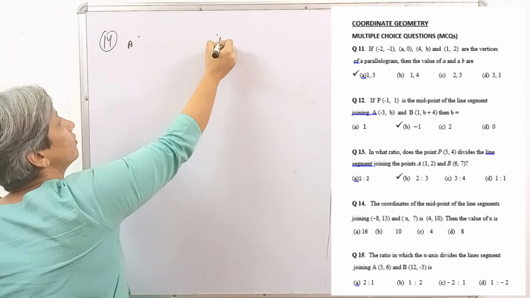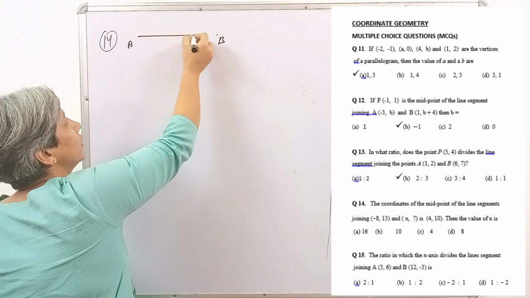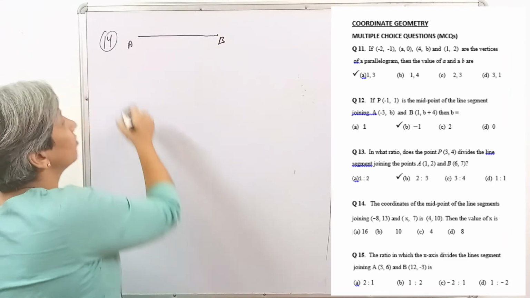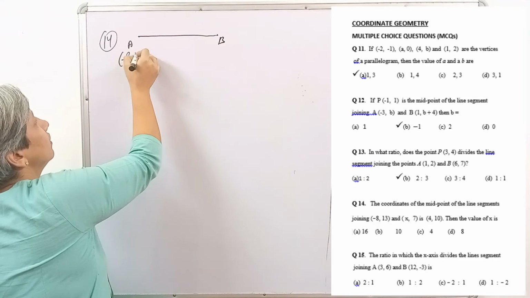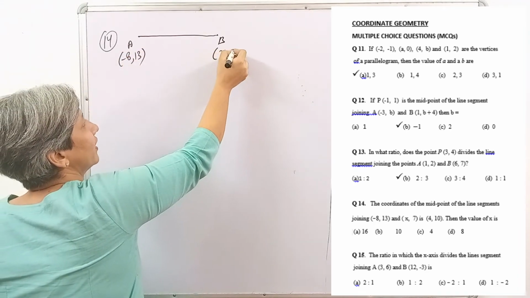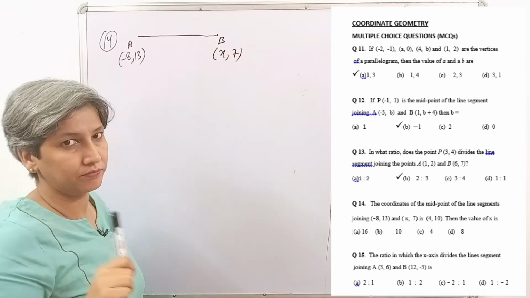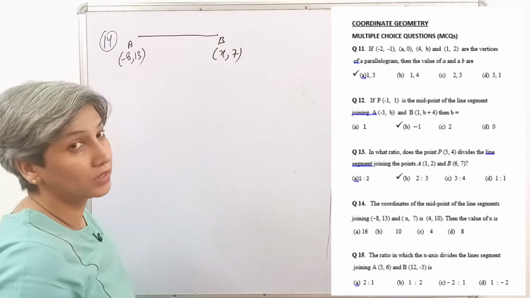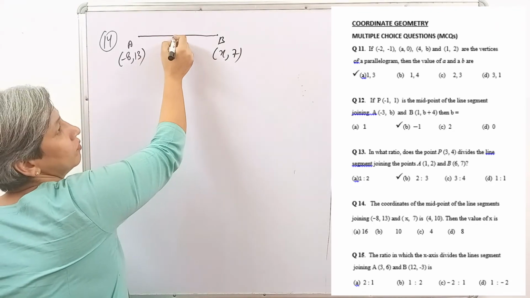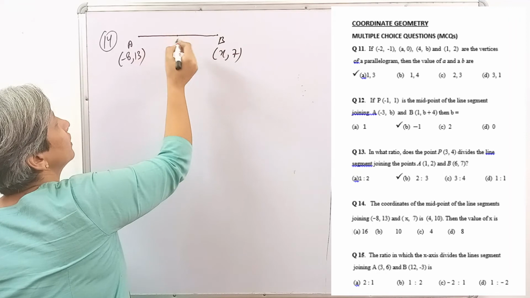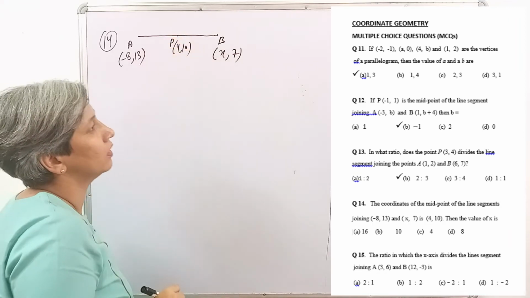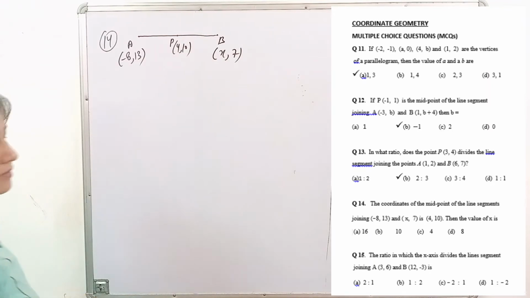They have given everything, which means some coordinate must be missing, and we have to find its value. So A is (-8, 13) and B is (x, 7), right? So x is their trump card. The midpoint P is (4, 10). So you have to find the value of x.